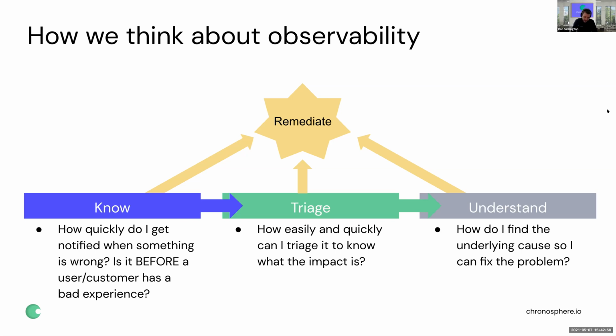So what goes into observability? The way we like to think about it is that one of the most important aspects, and the one that comes first, is the knowledge of a system, of a business, of an organization.